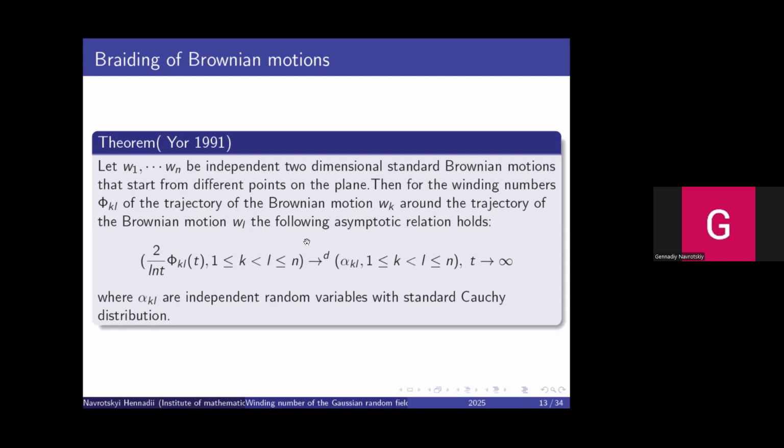And it was proved by Yor in 1991 that they converge in joint distribution to some set of Cauchy distributed independent random variables alpha k and phi k, pairwise. And these are just the winding of one Brownian motion around the trajectory of the other Brownian motion.